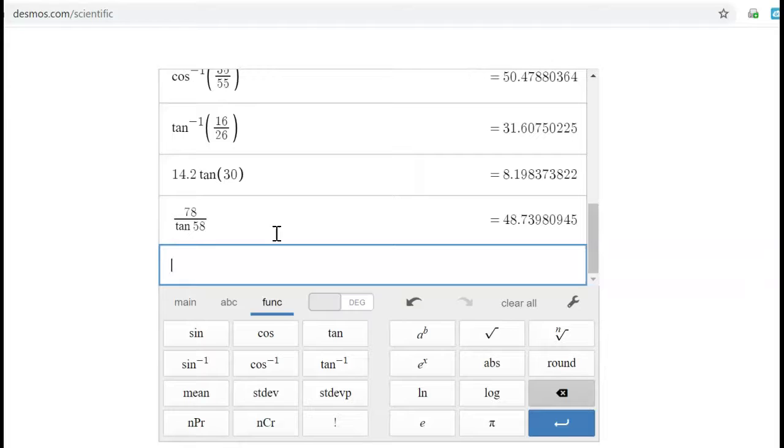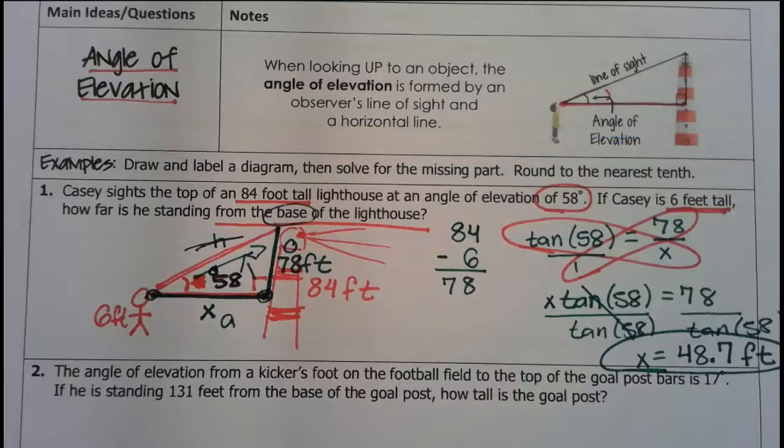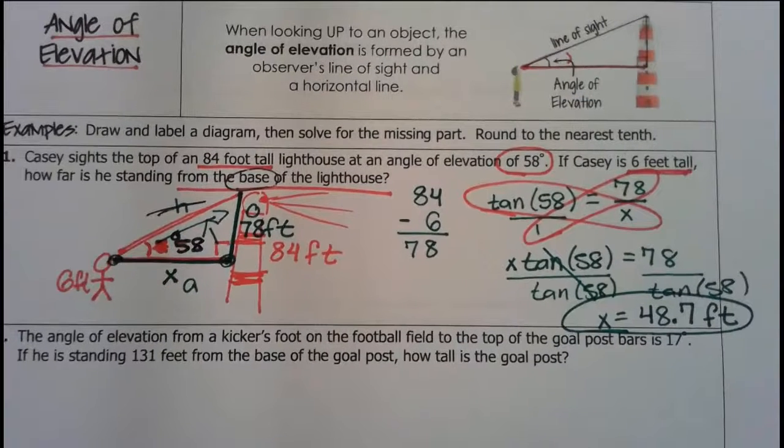Let's go ahead and round that to 48.7. And we are measuring feet since it is a distance. So that is how far Casey is standing from the lighthouse.